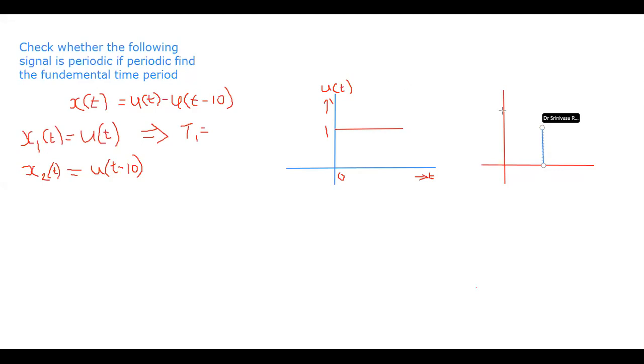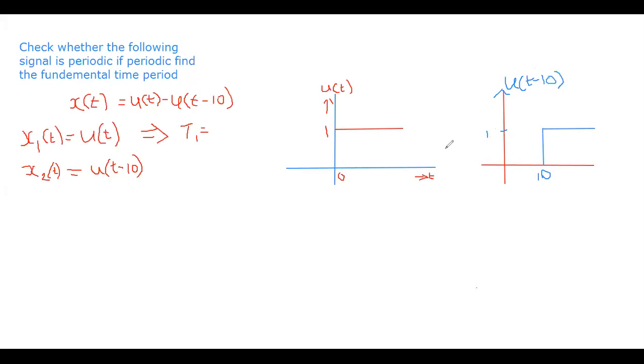That is the point you need to remember. So this is from 10 to infinity, where the value is equal to 1. This is u of t minus 10.